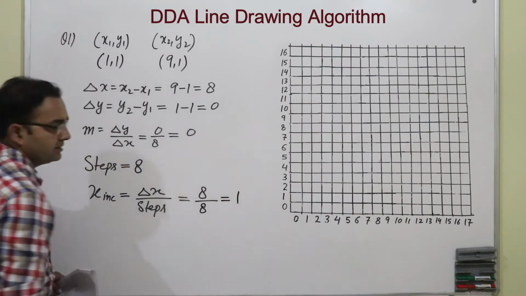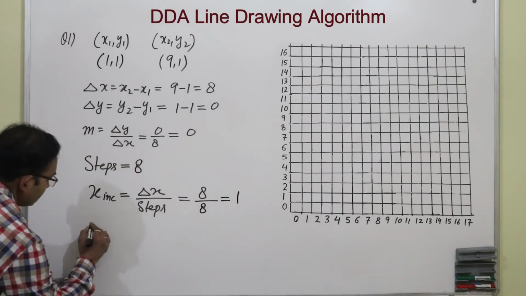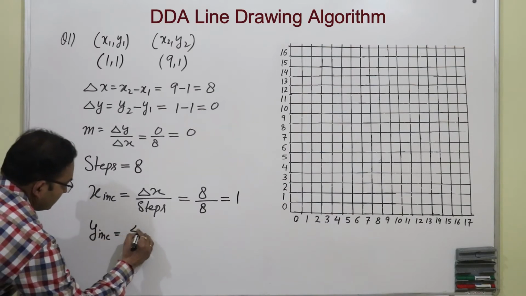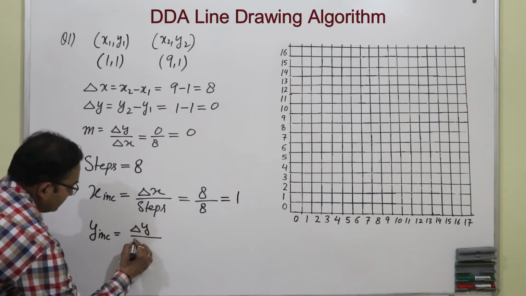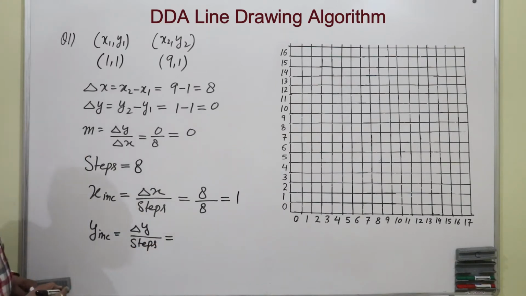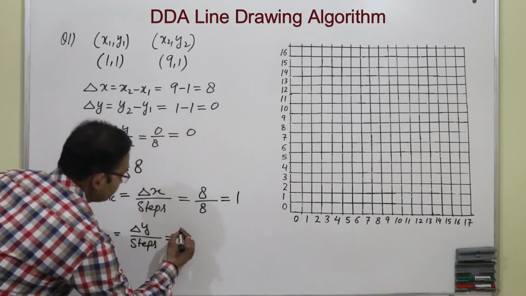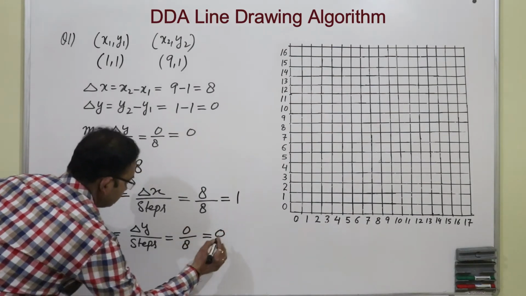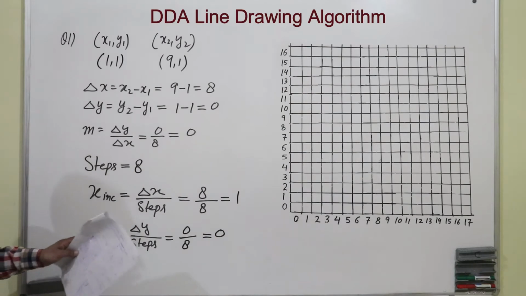So, x increment is 1. Y increment, delta y upon steps, delta y is 0, steps 8, it is 0. So, increment in y is 0.